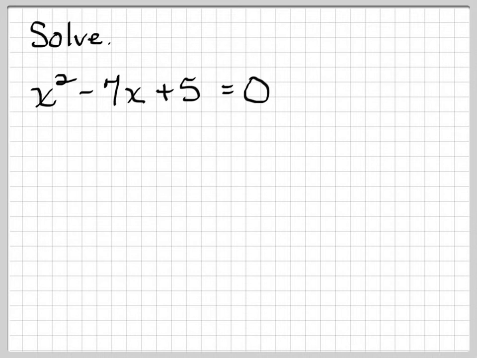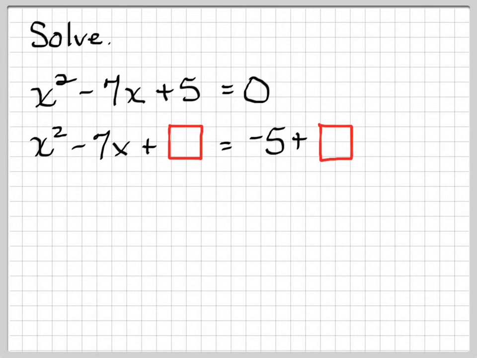This time we have an odd number here, and this is going to make this a little messy. So just hang in there. Okay, we're going to isolate or move the constant over to the right-hand side. So this 5 right here moved over to the right by subtracting. We're now going to complete the square.